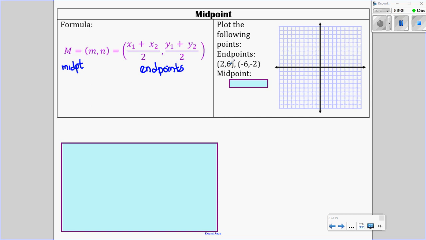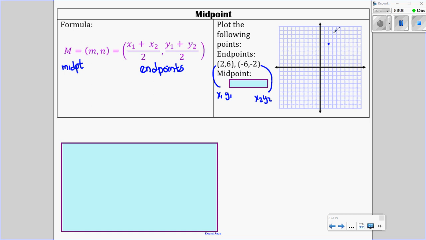So for this one, to label it, I'll squeeze this in here. We're going to have this as x1, y1, and then for this one, x2, y2. So I'm going to plot the points. This is 2, 6: 1, 2, 3, 4, 5, 6.